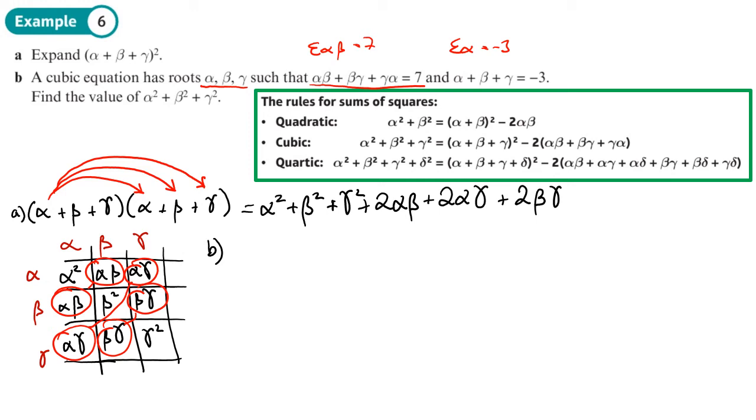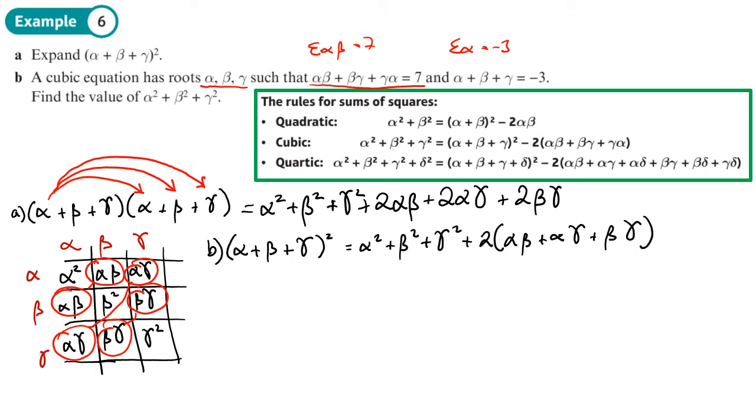Now, why have we just done what we've done in part A? Well, let's write out what we've just done in part A. We've worked out that alpha plus beta plus gamma all squared is alpha squared plus beta squared plus gamma squared plus 2 lots of alpha beta plus alpha gamma plus beta gamma.